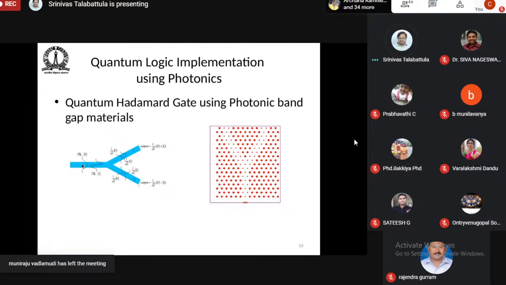So if you launch a single photon in this port, what happens is the question. The branch will divide, whereas the photon cannot divide. The photon can go through this port. This port contains the |0> state and also the |1> state, each of them with probability one half. So the outputs are equal to a Hadamard gate operation.